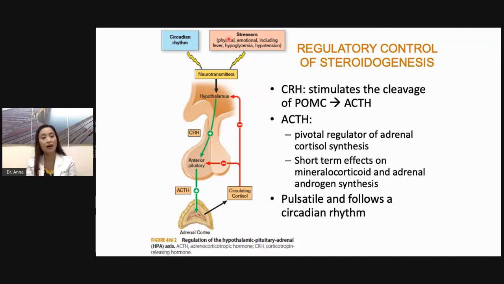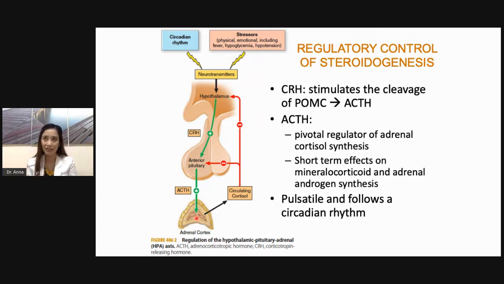And all these are sensed in your hypothalamus, and then your hypothalamus will secrete your CRH, and your CRH will stimulate your anterior pituitary to secrete your ACTH, and your ACTH will act on your adrenal cortex, specifically which layer? You remember the layer where cortisol is.